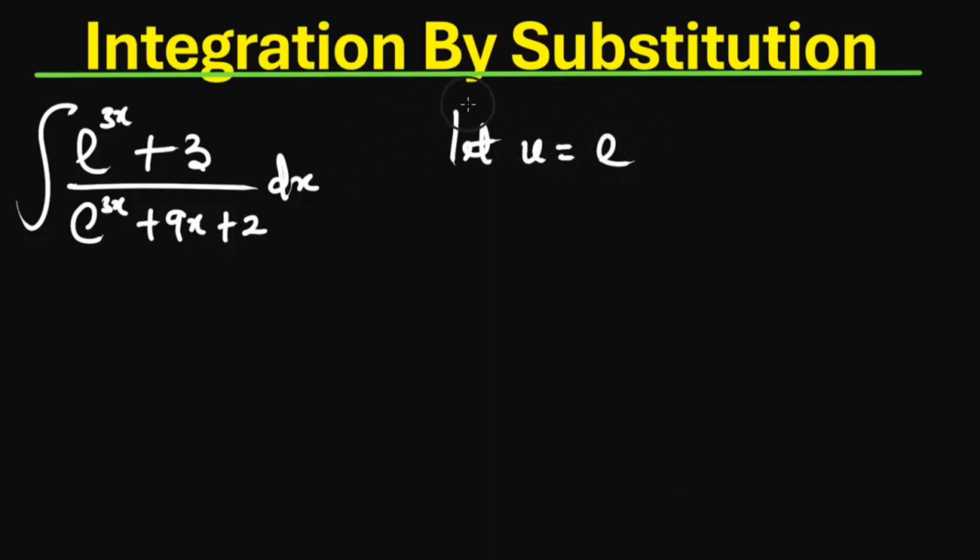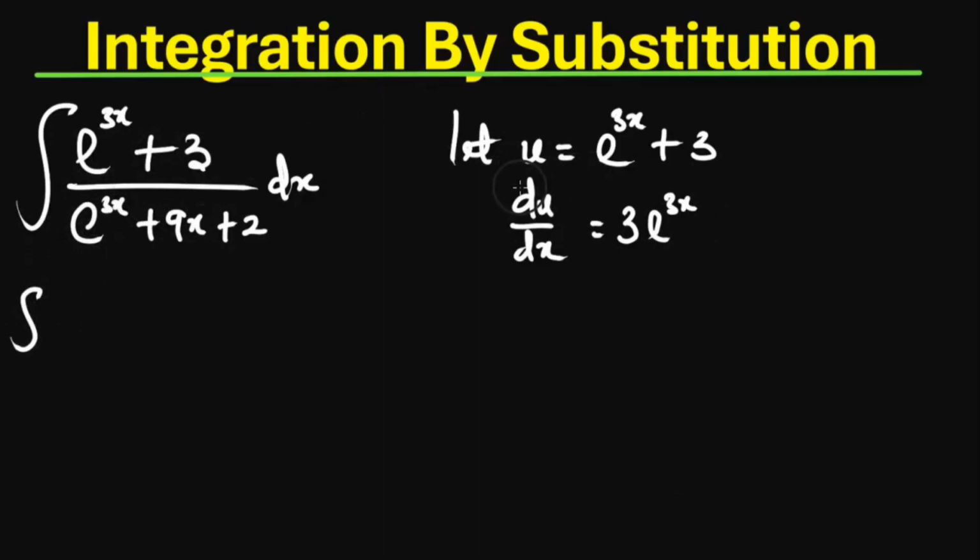If I substitute the numerator and say let u equal e^(3x) + 3, the next step is to differentiate with respect to x. So du/dx is equal to 3e^(3x). Now, if I substitute and have the integral of u divided by (e^(3x) + 9x + 2) dx, it will become clear that this is not going to work out.